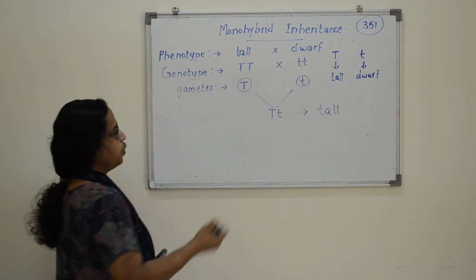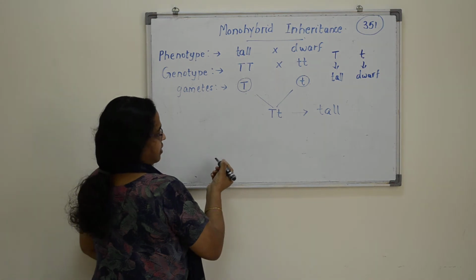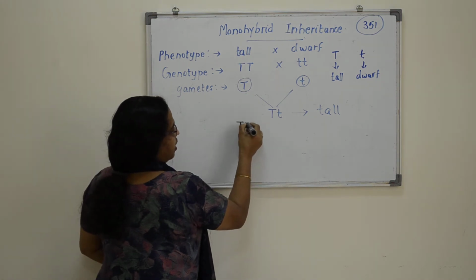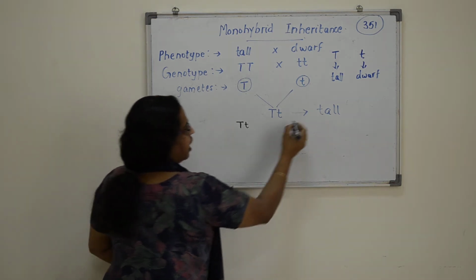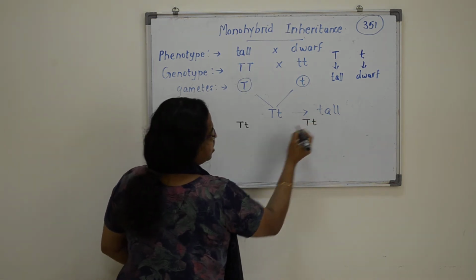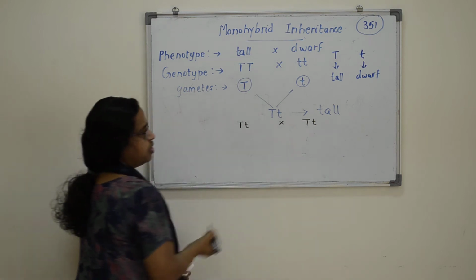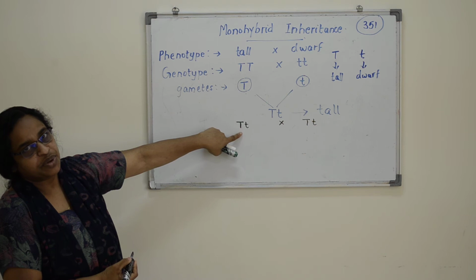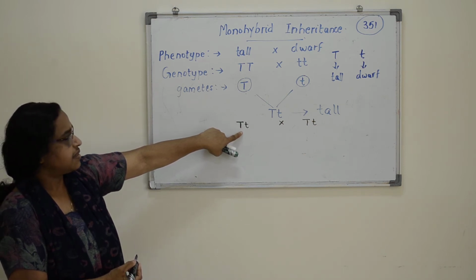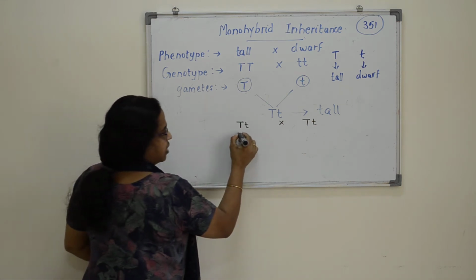Okay. So, two plants, both having the genotype capital T small t. How many different gametes can be produced from here by meiosis? There are two.